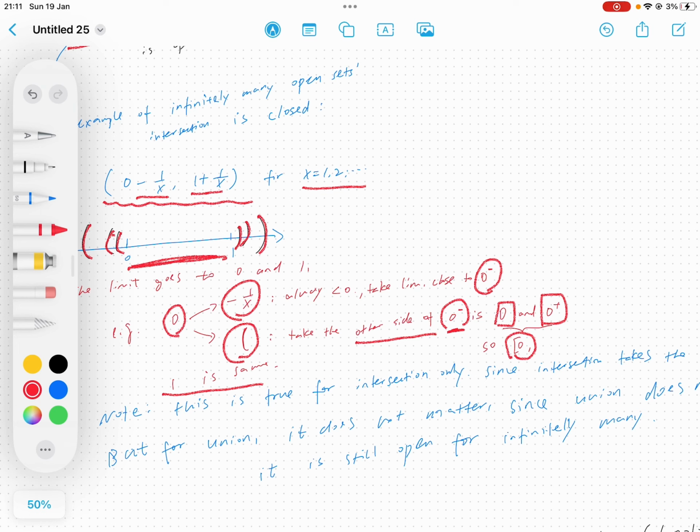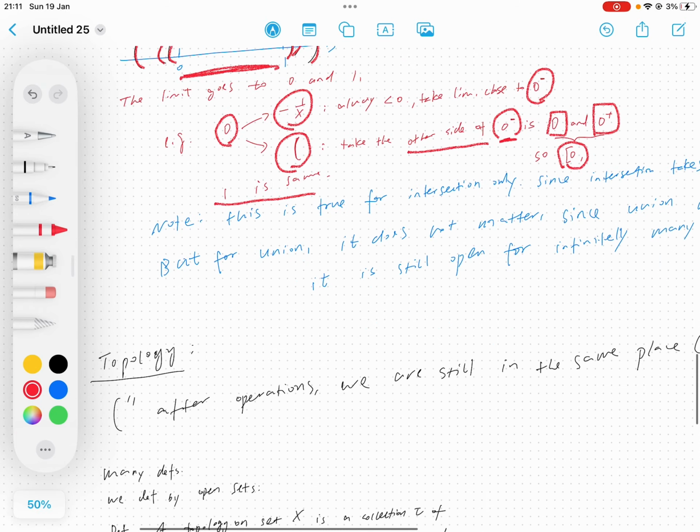Because for the union we don't take the most inside one, right? We actually take just every element that we have for each of those sets, because that is union, right? So for the union we do not have to worry about the infinity. Okay, so that would still be open for infinitely many open sets if we're gonna take a union, right?